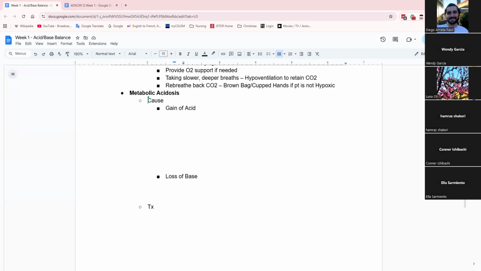So if your pancreas isn't working as well, you could have some mild metabolic acidosis. Liver, yes, correct. So if you have liver failure, the liver helps break down lactic acid. So if your liver's not working to break it down, it's going to be building up a bit more in the body.